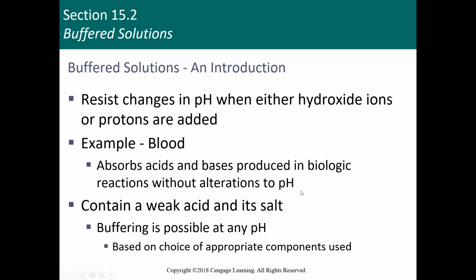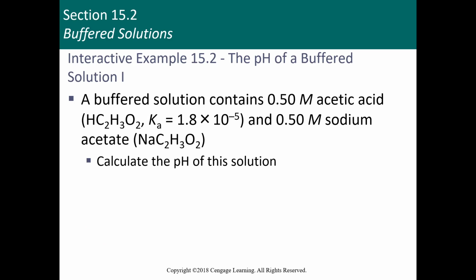Okay? So this contains a weak acid and salt. That's the typical buffer solution. The buffering is possible at any pH. This is going to be based on your choice of components. So you have to use an appropriate set of weak acid and its salt, or weak base and its salt, to make a buffer solution at that appropriate pH.